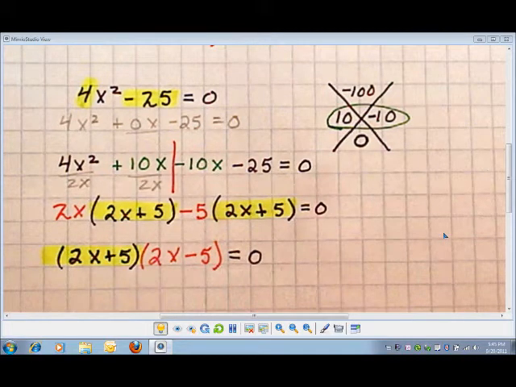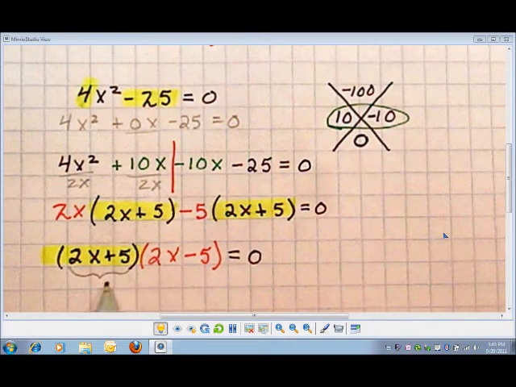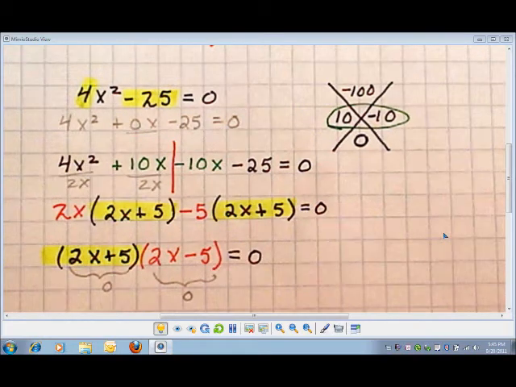Okay. So in order to solve for x, I have to do the following. I have to set this to 0. I also have to set this to 0, and I have to solve for x.